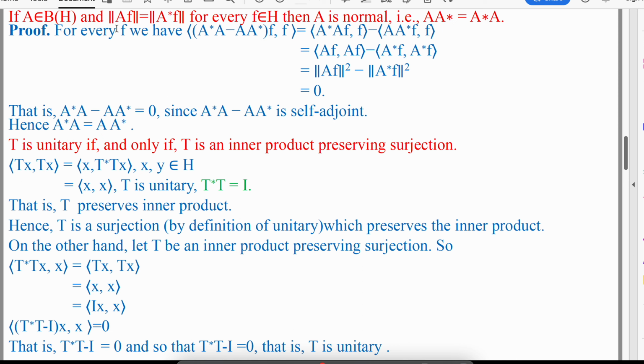We know that for every F belonging to H, inner product of (A star A minus A A star)F with F is equal to inner product of A star AF with F minus inner product of A A star F with F.